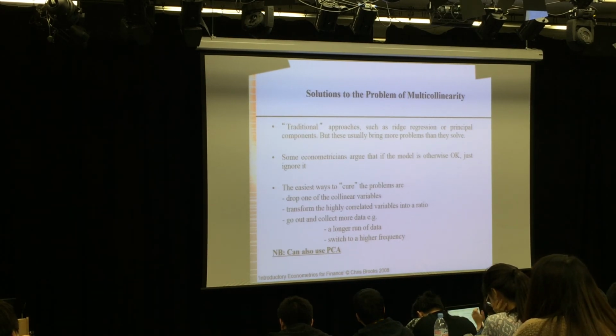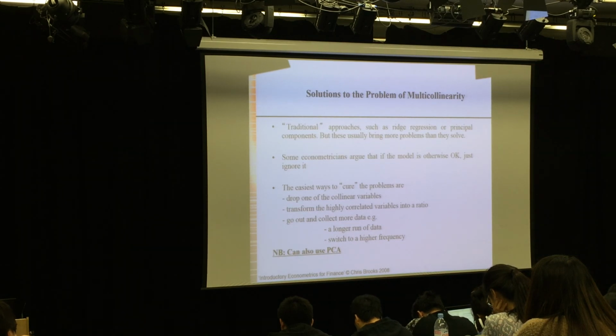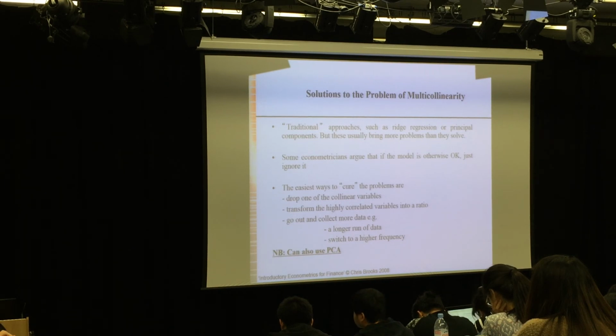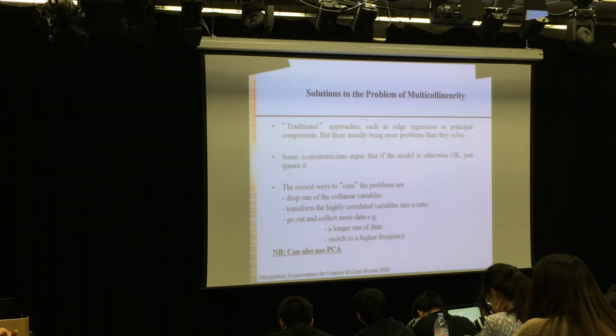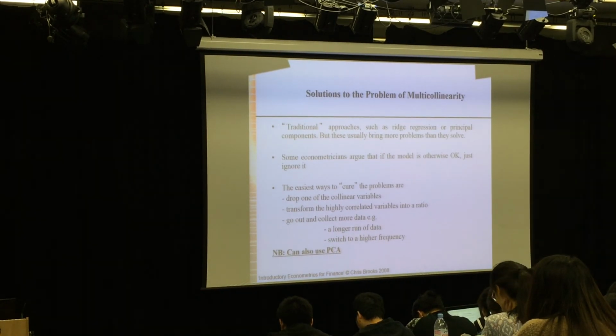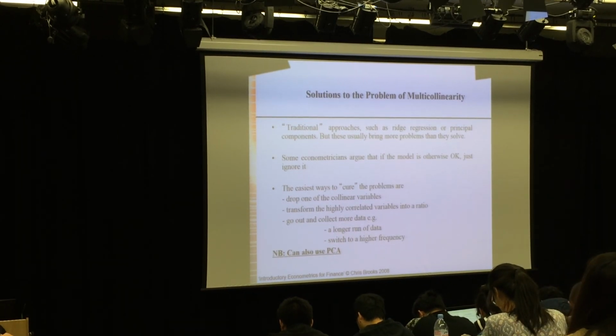There are some traditional approaches to solving multicollinearity. You can run a type of regression called a ridge regression, which can tackle some of the problems of multicollinearity, as can principal components. So the comment here is that these usually bring more problems than they solve.